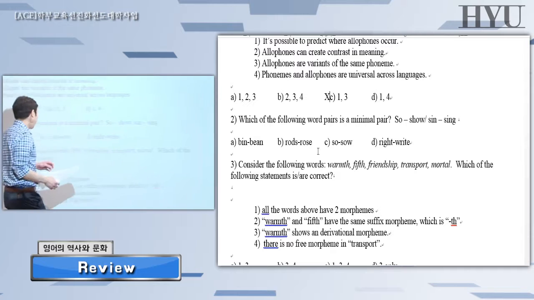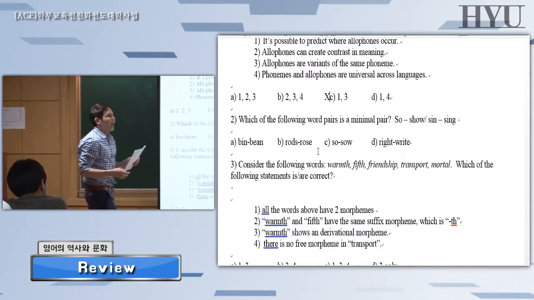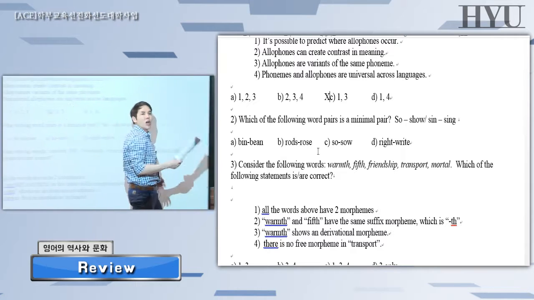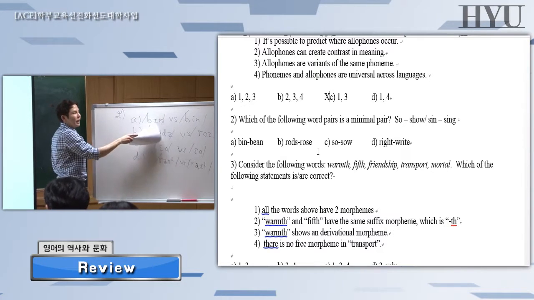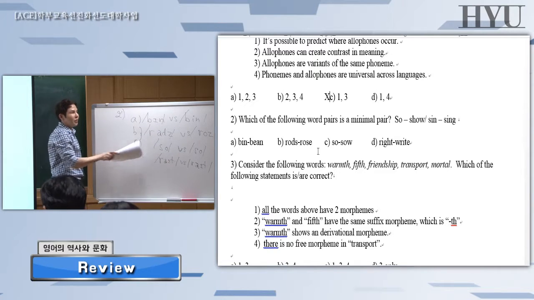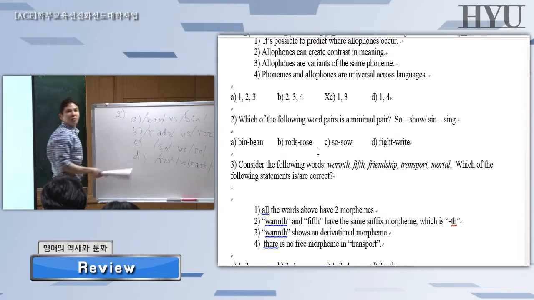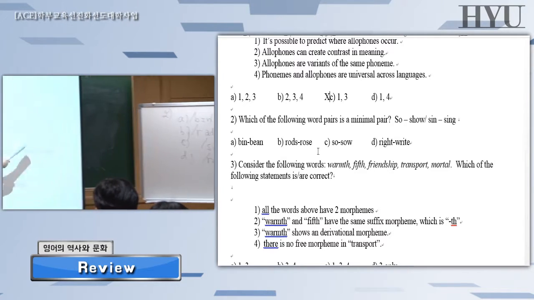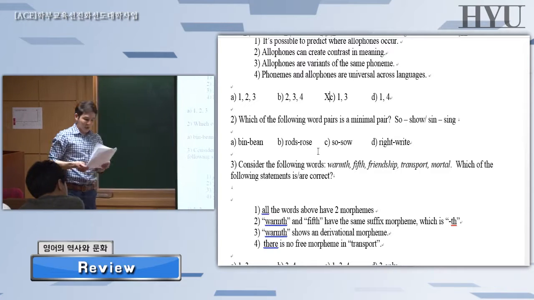So number A is correct. And in number A, we know by comparing this pair that I and E are different phonemes of English, right? Because by substituting one phoneme with another phoneme, the meaning changes. So that's how we test phonemes, okay? So A is correct.